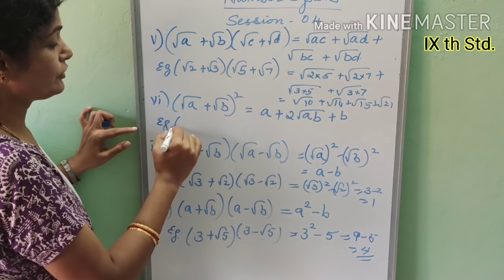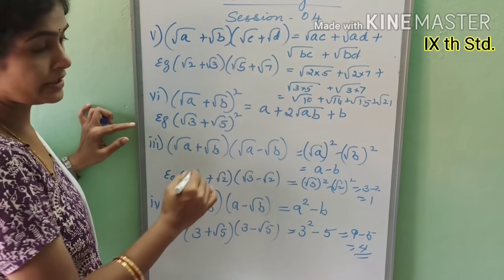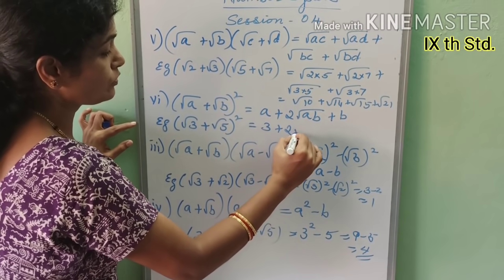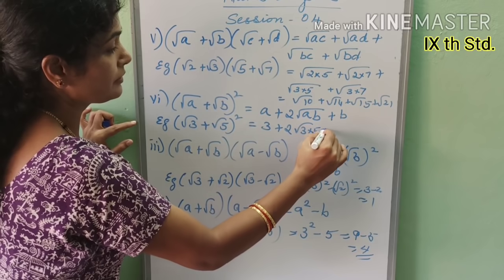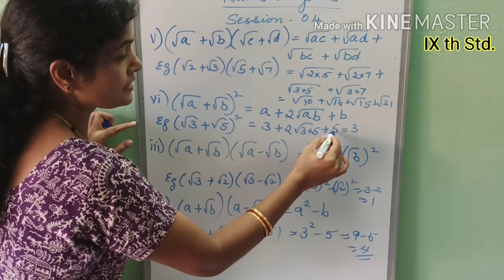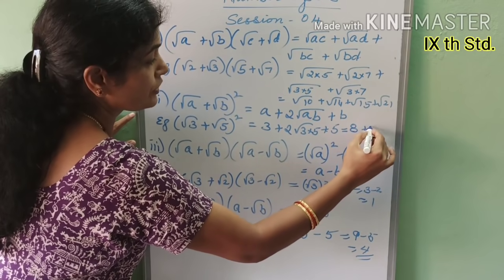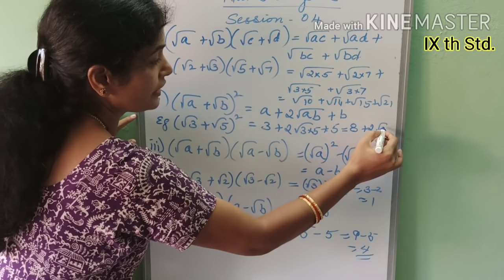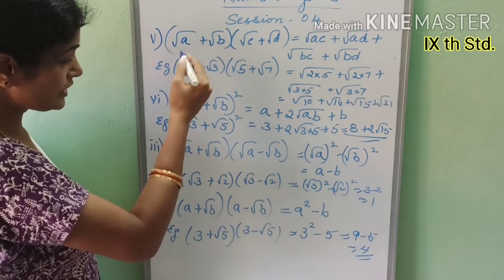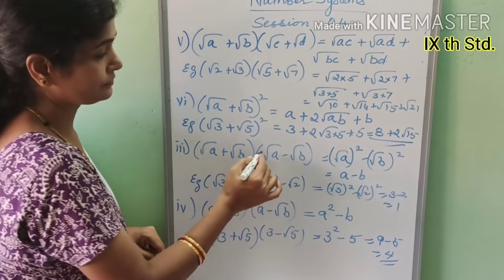Example, root 3 plus root 5 whole square, simply you can write it as 3 plus 2 root 3 into 5 plus 5. That is nothing but 3 plus 5 is 8, 8 plus 2 root 15. Clear? So these are the 6 identities relating to the square roots.